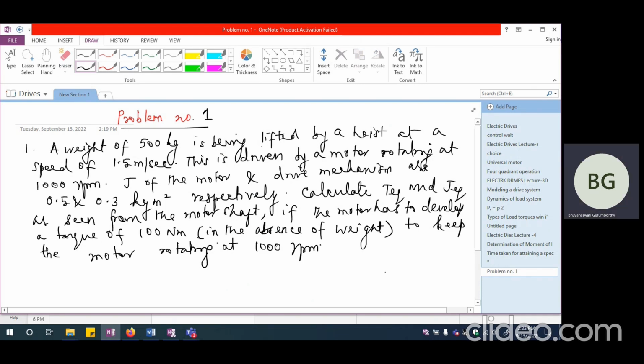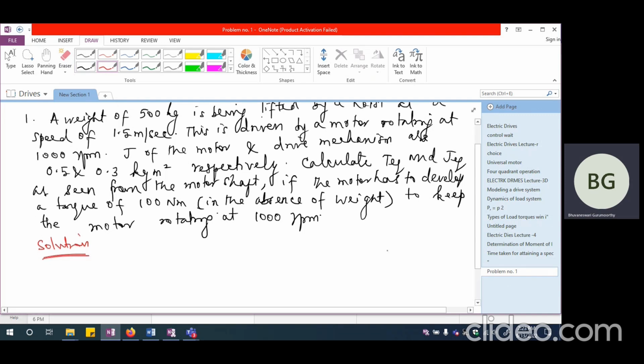Okay, so let us try to see how to solve this problem. So first of all, this is a hoist mechanism. So we have to assume that it is very similar to your elevator or lift mechanism. So probably you are going to have a weight that is being lifted up like this, and you may have a counterweight or something like that on the other side. And you are going to have this rotating in this direction if the weight is moving up.